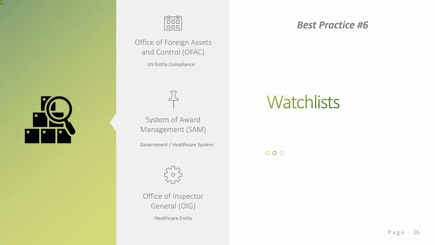So the watch list can be dependent on what type of company or governmental entity or federal healthcare system you are. So make sure that you understand all of the watch lists that affect your particular company. And again, each of these watch lists is a resource on that vendor validation reference list.